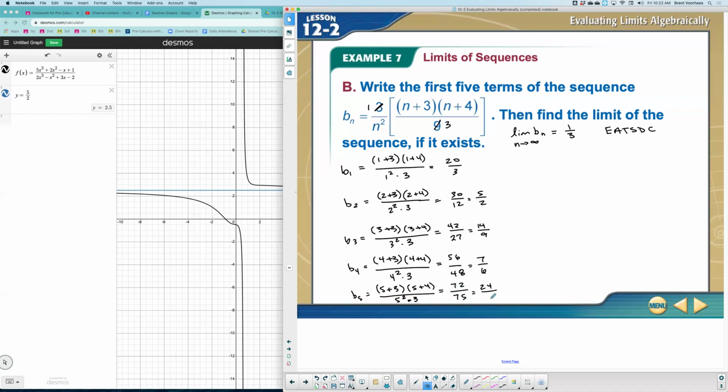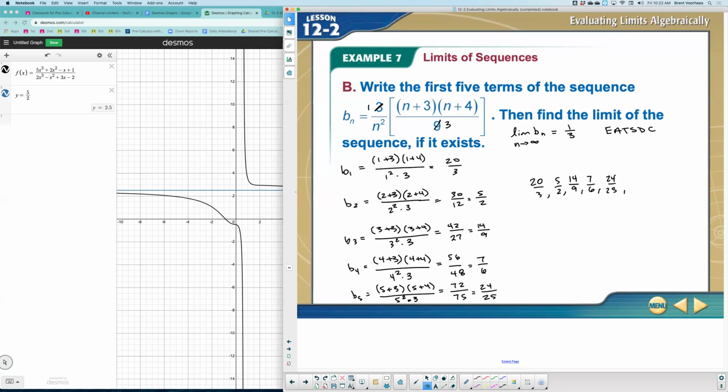And 3 goes into 75 25 times. And so these would be my first 5 terms, 20 over 3, followed by 5 over 2, 7 over 6. Did I skip one? I skipped 14 over 9. 14 over 9, 7 over 6, and 24 over 25.